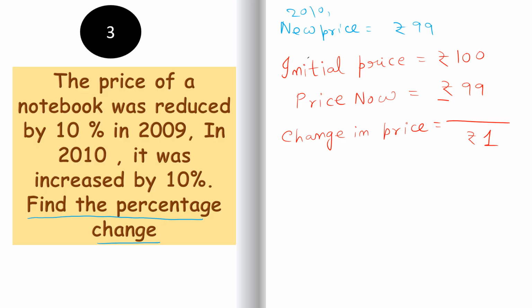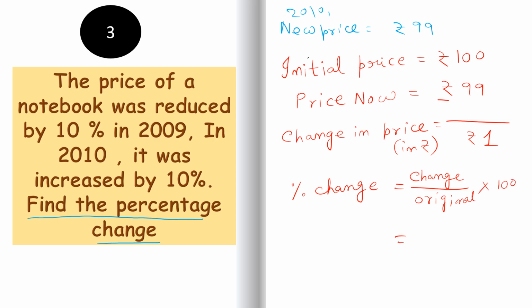Now you have to find the percentage change. In rupees, your change in price is rupees 1. In percentage, how would you find the percentage change? The formula is change by original multiplied by 100. What is the change? Change is 1. Your change in price is rupees 1.